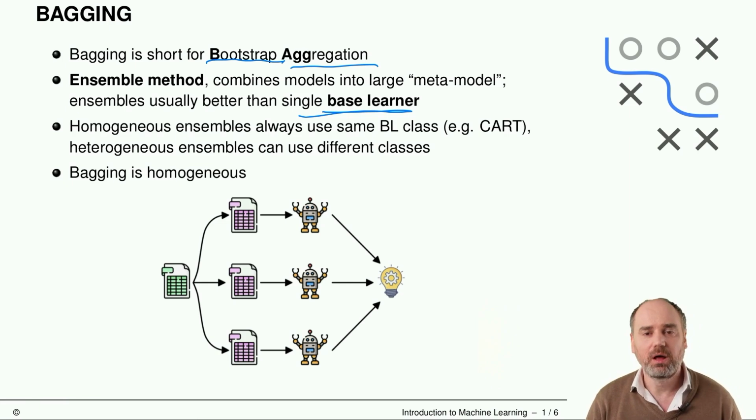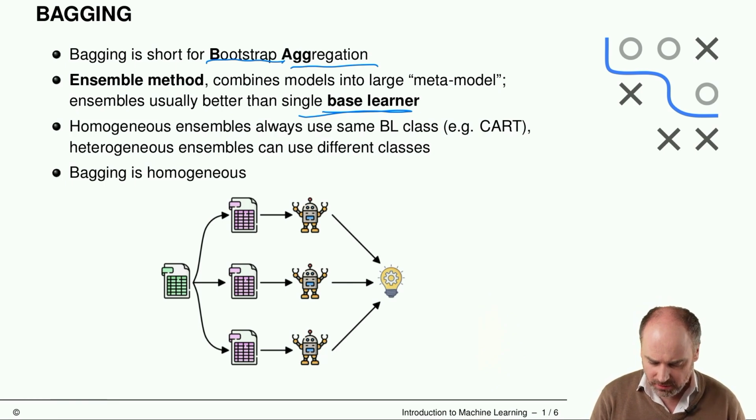So for example, a CART tree, and that's exactly what we're going to use later on when we construct a random forest. But there are also heterogeneous ensemble methods that can combine different types of base learners, which will then usually have various degrees of predictive performance, and that we usually have to handle specifically.